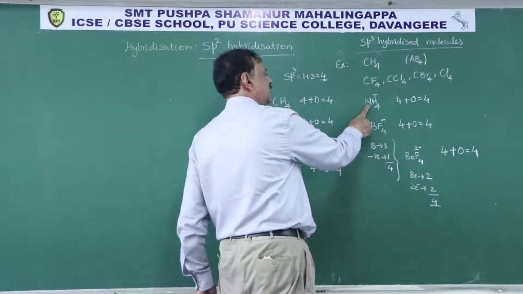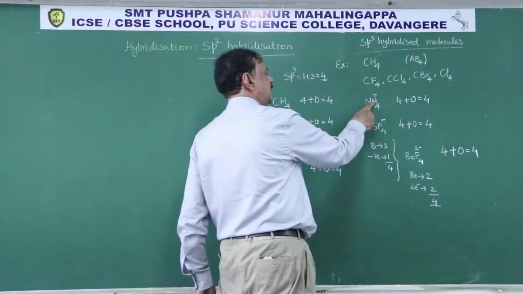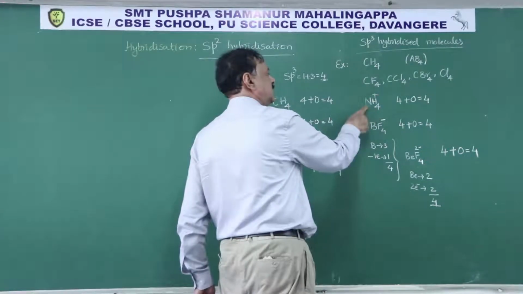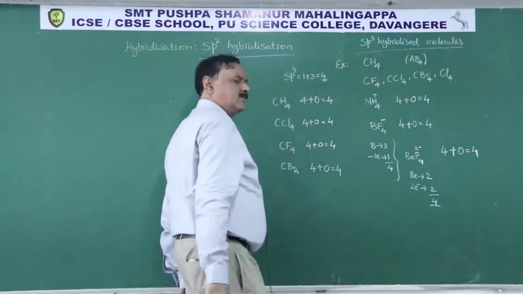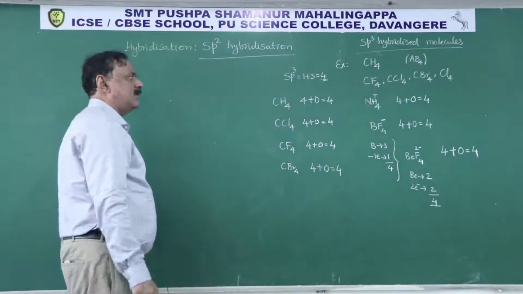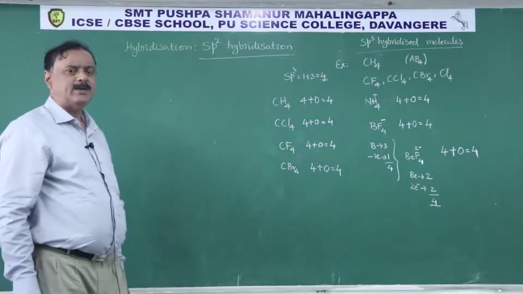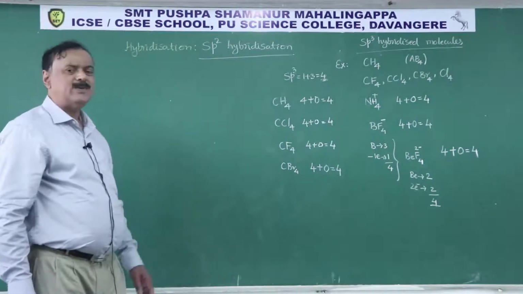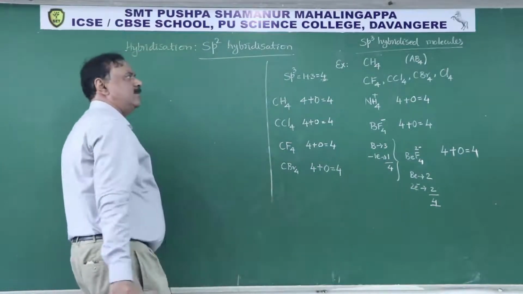Here this is 5, this is plus 1, therefore minus 5 plus 1 is equal to minus 4, this is plus 4, that becomes 0. Is it clear? Therefore in an entrance exam they ask questions, predict the type of hybridization or give an example for sp3 hybrid molecules.